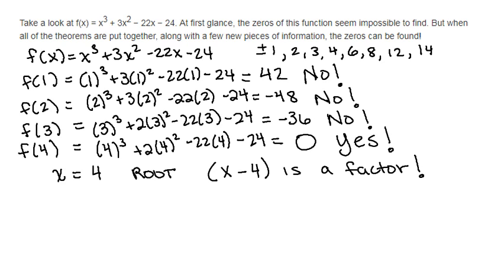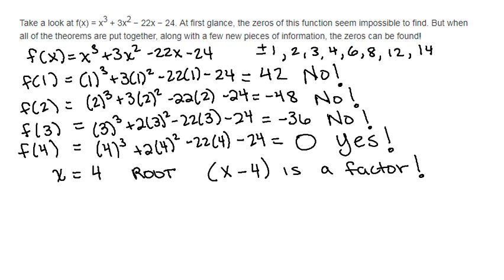Now we could keep going. We know that there are no more positive roots because there could only be one. So now we could go through and check all of the negative ones and see which ones work, but that will take a lot of time. Once I find one, I should be able to use synthetic division, divide it out, and see if the rest is factorable.